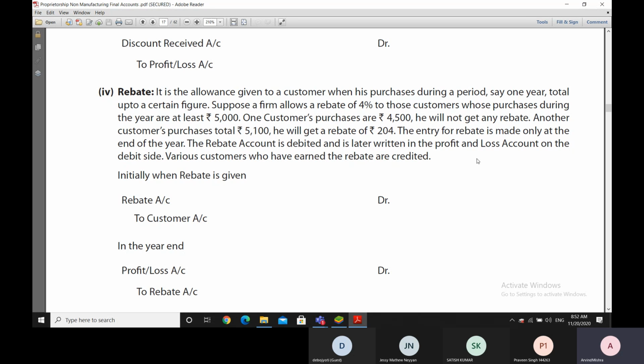Now the entry for rebate will be made only at the end of the year and will not be made during the year, because obviously we are still waiting to see if the purchase goes up beyond the minimum figure that has been quoted for the rebate. And finally, at the end of the year, the rebate account will be debited, and later on it will be shifted to the profit and loss account on the debit side by crediting the rebate account and debiting the profit and loss account.